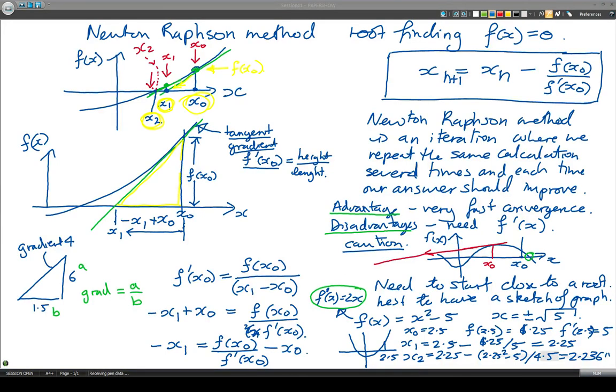Now I don't have space to write it down on the page, but if we do our next iteration, minus, and then put in the brackets 2.2361111 to the power of 2 divided by 2 times 2.236, right?